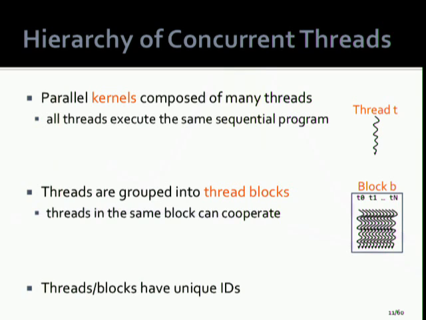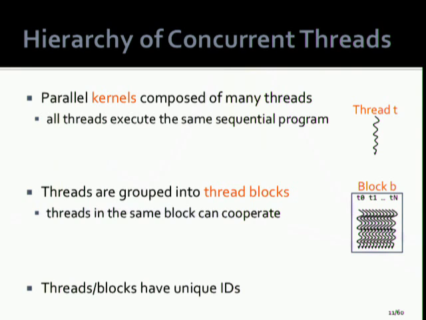So the thread block is kind of like the atomic unit of a CUDA program in the sense that once thread blocks start, they're going to run to completion. It's sort of the scope in which you're going to think about sharing data between threads. Sharing data outside of a thread block is actually very hard and limited. There are limited ways of doing that. And the reason for that is scalability, which I'll talk about in a little bit.